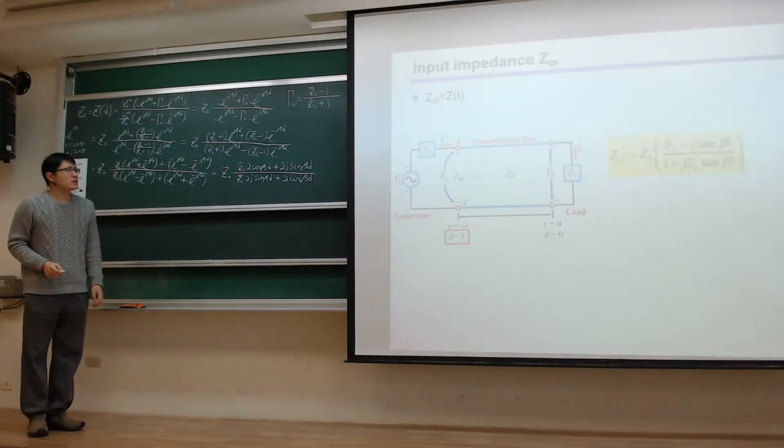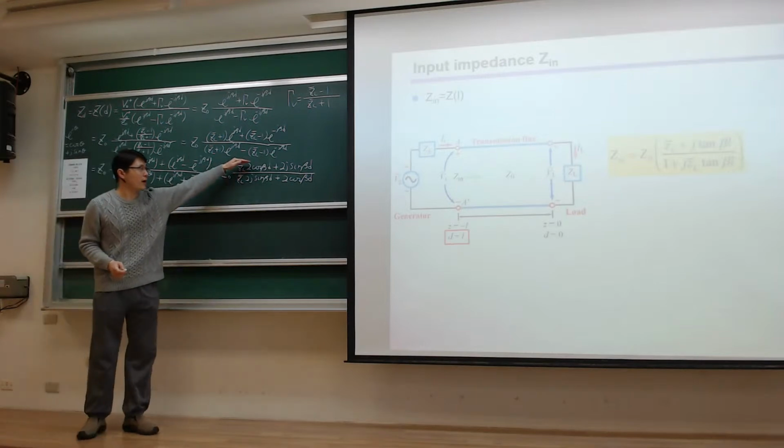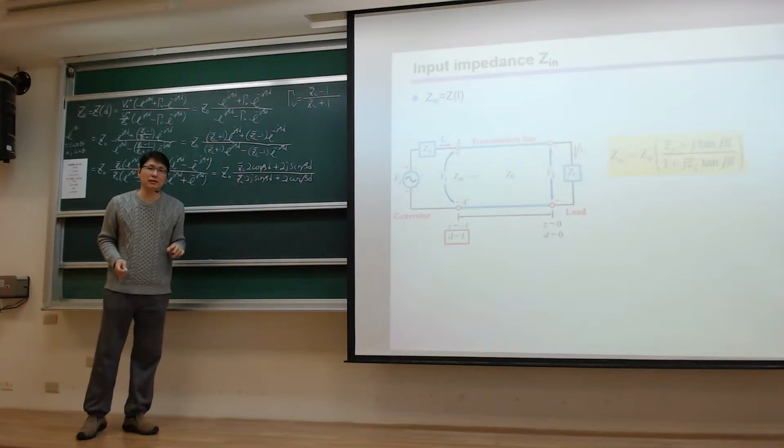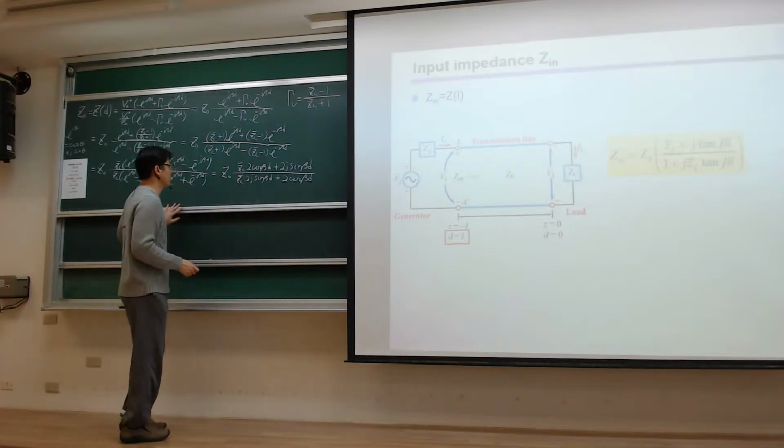All right, so at this moment, all we have to do is divide the numerator and denominator by cosine βd, so we can have tangent.